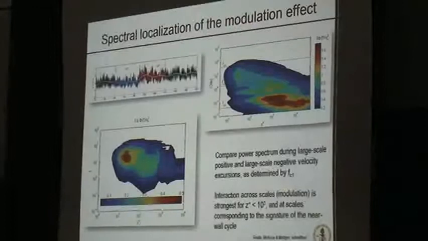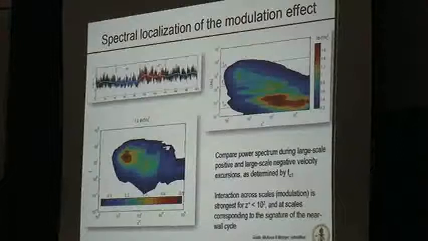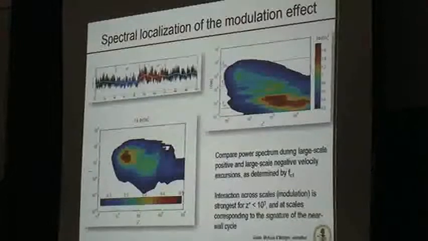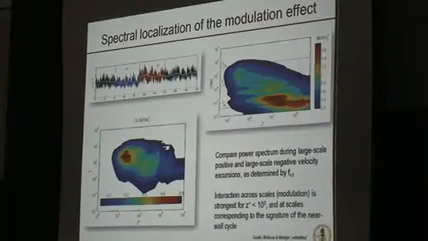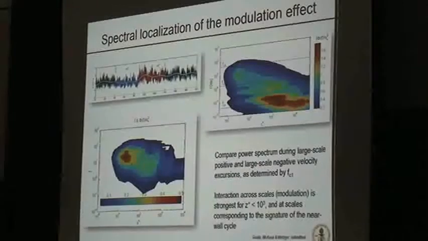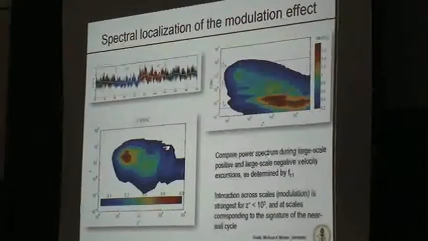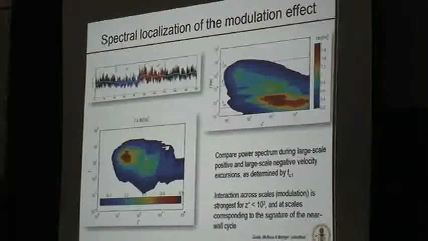One can look at where that modulation is concentrated in scale space, so which scales are most influenced by this particular large scale that we're looking at here. So here's the full composite spectrum in frequency now instead of wavelength.